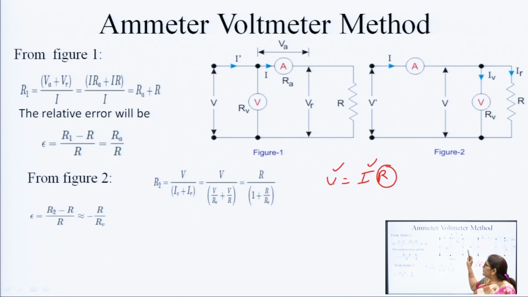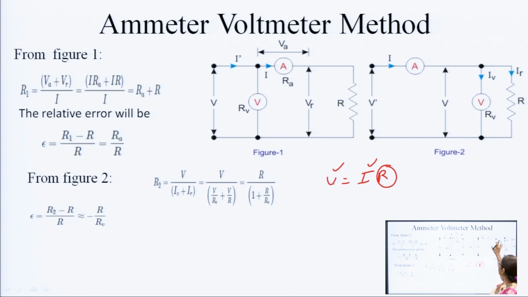This method is very useful if the resistance is slightly greater in value, because the range is 1 ohm to 100 kilo ohm. So, if we want to measure a higher value of resistance, then we will prefer this method. It means we will put the voltmeter across the voltage source and the ammeter after that. But if the value of resistance is low, then we will use the other voltmeter connection method.